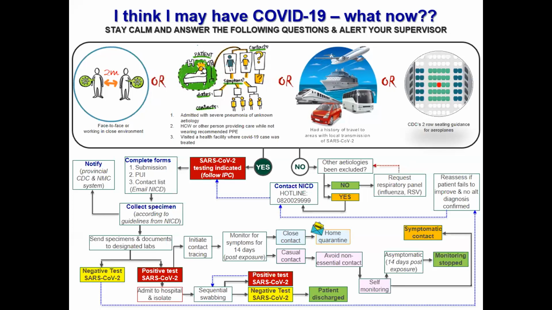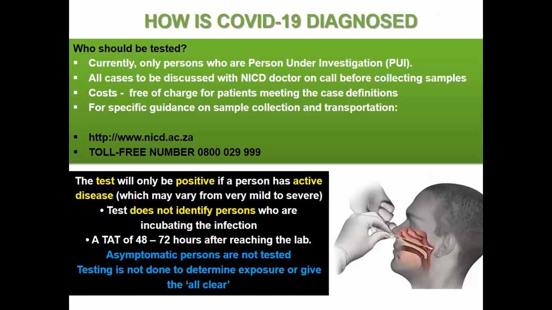For close contacts, they need to be quarantined, and the NICD will submit a letter, and they again will be monitored. And the monitoring includes a register of symptoms as well as your temperature. And if you're asymptomatic, then the monitoring is stopped. If symptoms develop during that time, then you will be sent for testing.